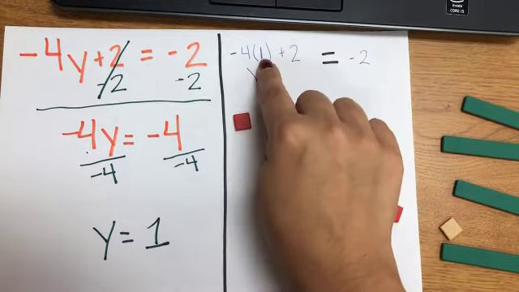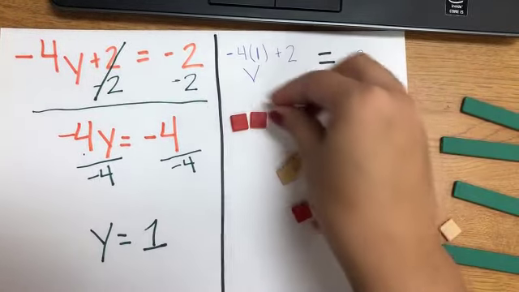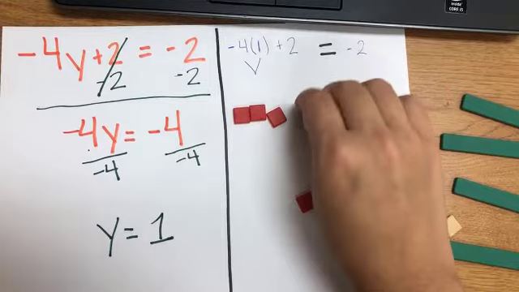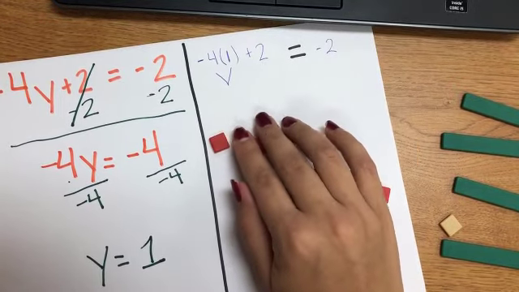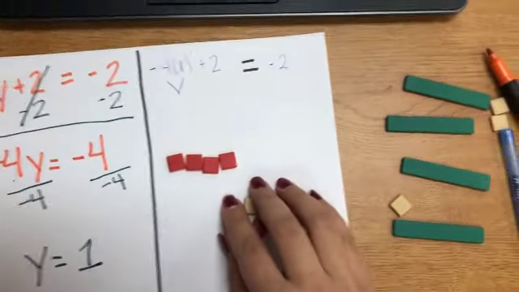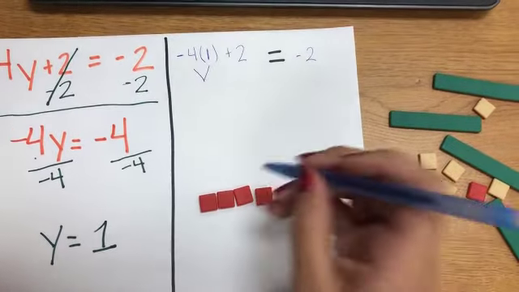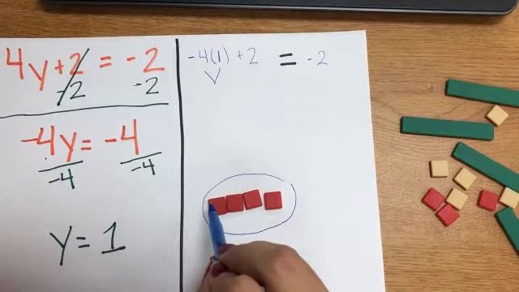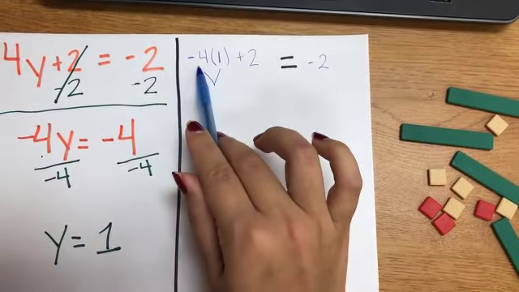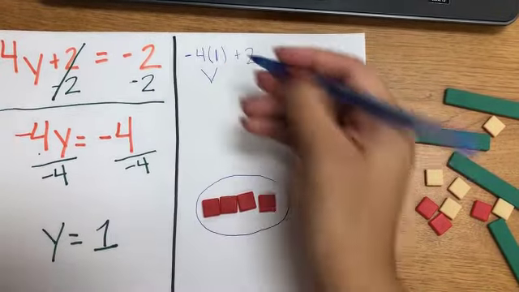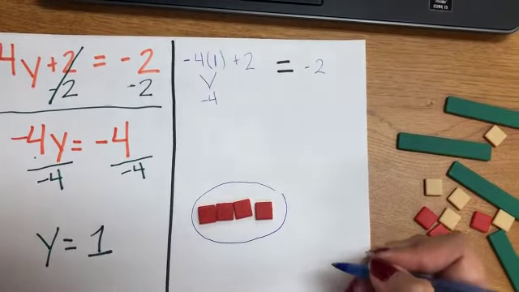If I have one group of negative 4, 1, 2, 3, 4, I have one group of these. Here's my one group of negative 4. That means that negative 4 times 1 gives me negative 4.